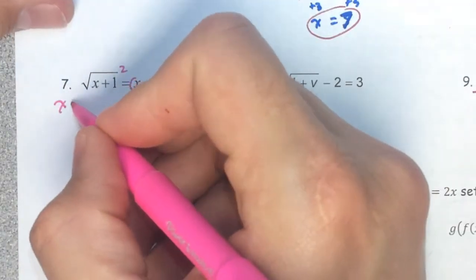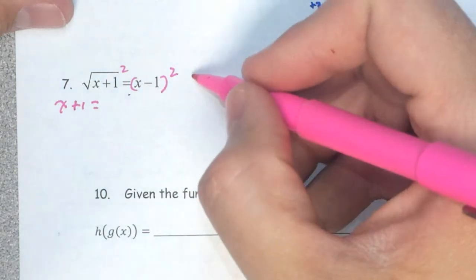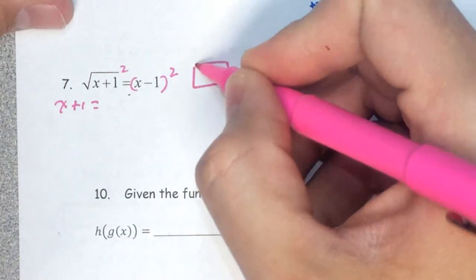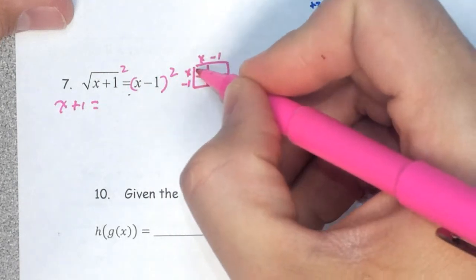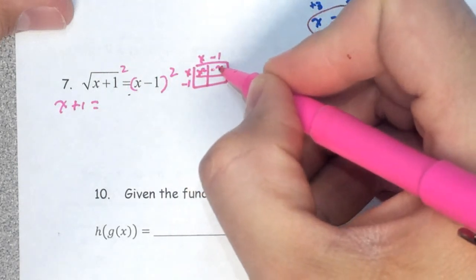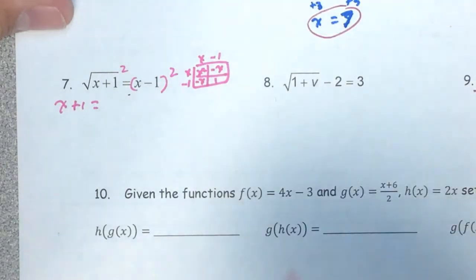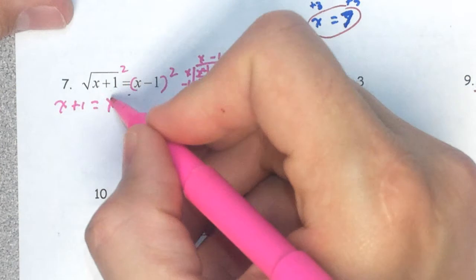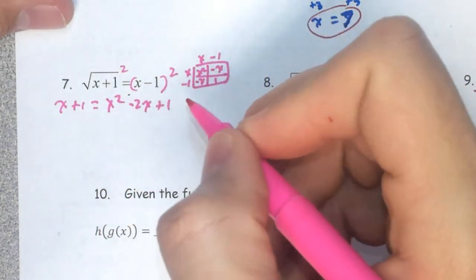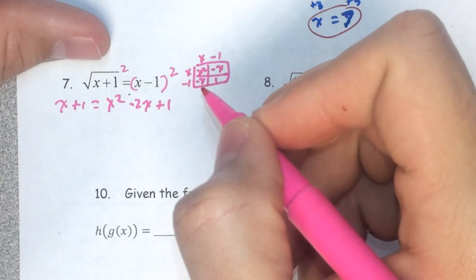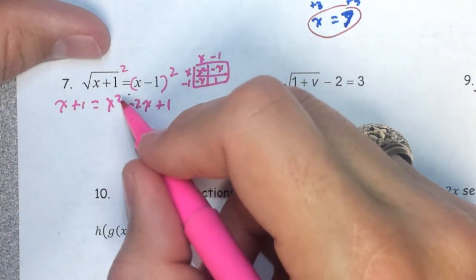This is going to be x plus 1 equals, square this, let me draw the box small over here, x minus 1, x minus 1, x squared minus x, and that's 1 in there. So this is going to be x squared minus 2x plus 1. I have this quadratic. There's a squared right there.